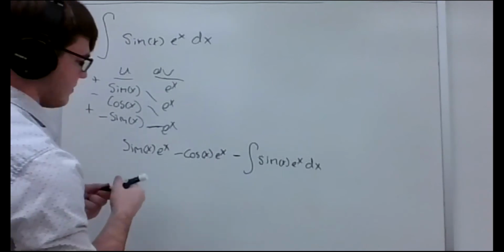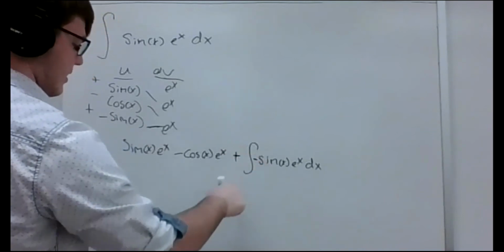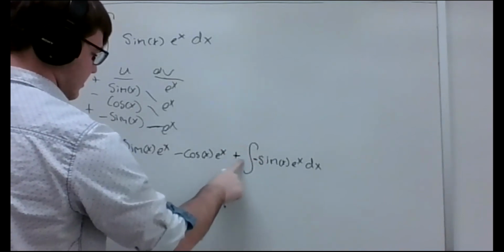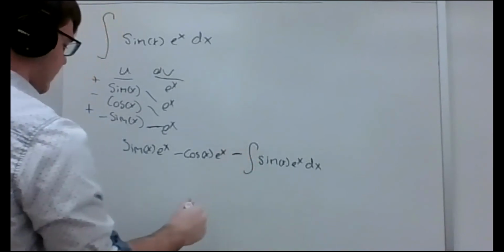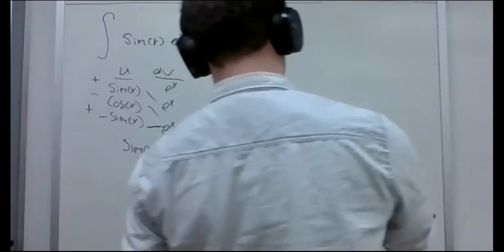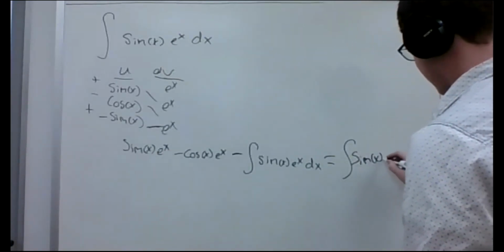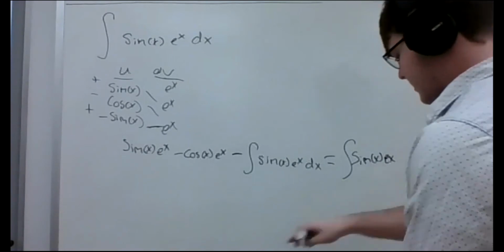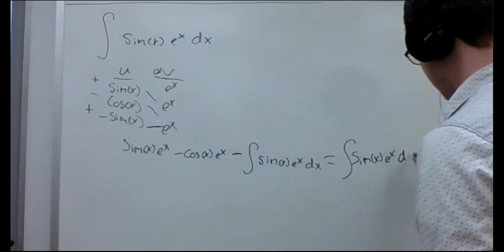Yeah, and then we just simply, so this is technically a plus, a minus sign in here, but we just move the negative outside of our integral. And then we say that, well, this is equal to our integral of sine x e to the x dx.